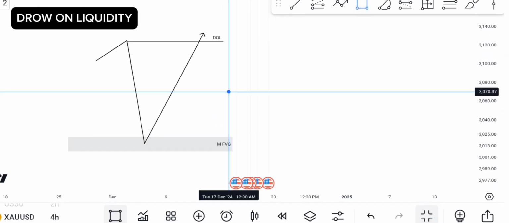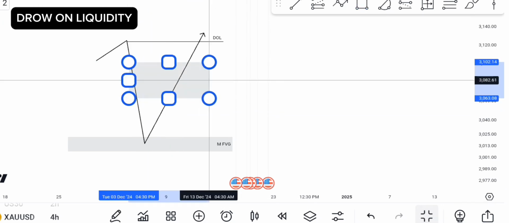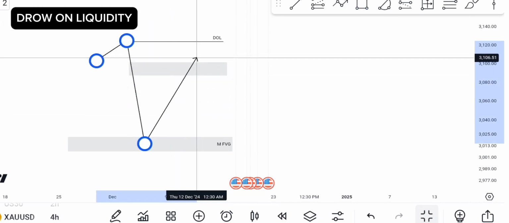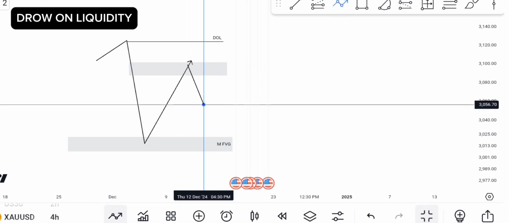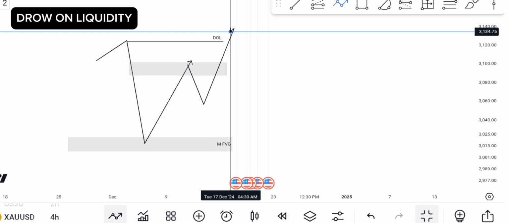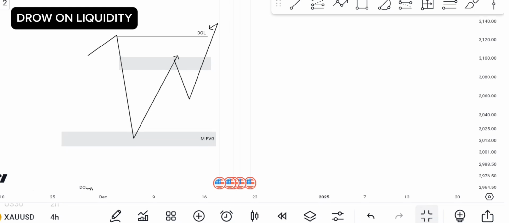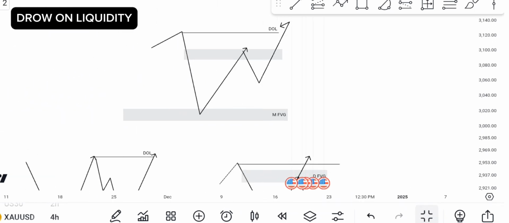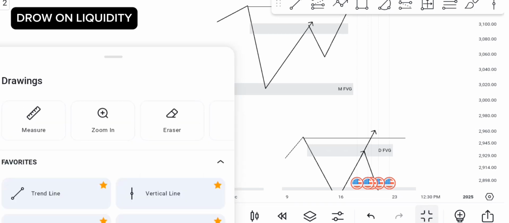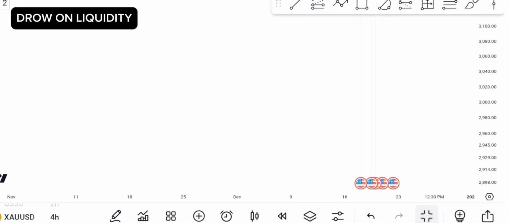If there is any kind of weekly fair value gap and price taps this, we can expect a minor pullback from here, and again this draw on liquidity will be your target. So this is the way we can trade. I hope you understand. Let me show some more examples with drawing, then after this we'll go on the chart.